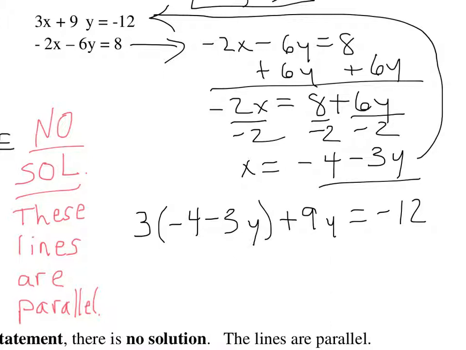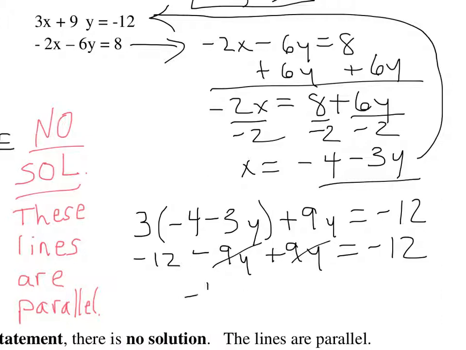We substitute the value into the first equation. Negative 12 minus 9y plus 9y equals negative 12. Look at that, minus 9y plus 9y. We get negative 12 equals negative 12. That's always true.